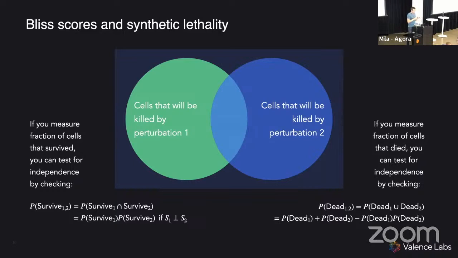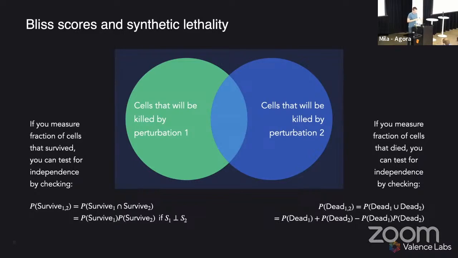And so you're checking whether the fraction of cells that survived in the double perturbation is equal to the product of the fraction of cells that survived in perturbation 1 and the fraction of cells that survived in perturbation 2. On the other hand, if you had chosen to write down the number of cells that died instead of the number of cells that survived, you're checking an OR relationship because you could be killed by perturbation 1 or killed by perturbation 2.